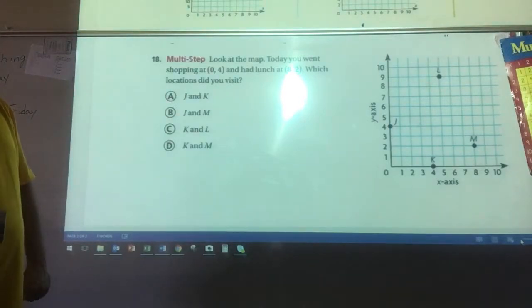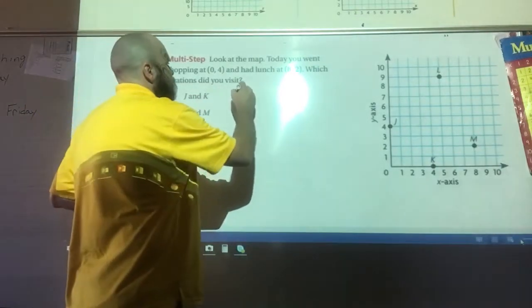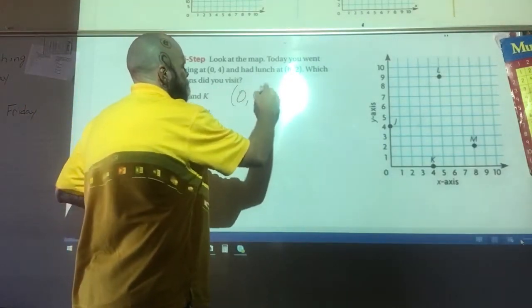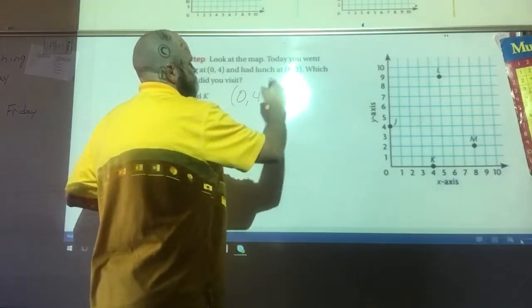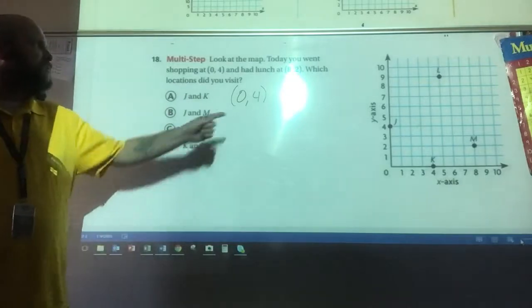All right, another multi-step. Look at the map. Today you went shopping at (0,4), had lunch at (8,2). Which locations did you visit? So we started at (0,4). 0 is what axis?